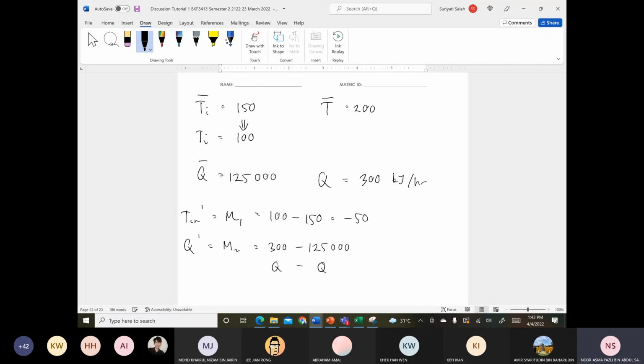So to get the Q prime, the difference between the dynamic and steady state also represents my magnitude. So 300 minus 125,000 becomes negative 124,700. So this is my magnitude number 2.